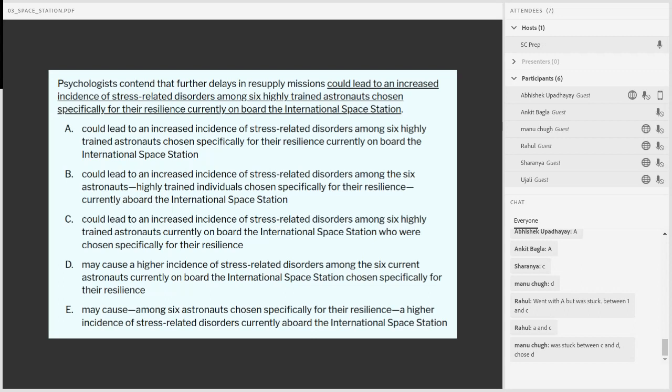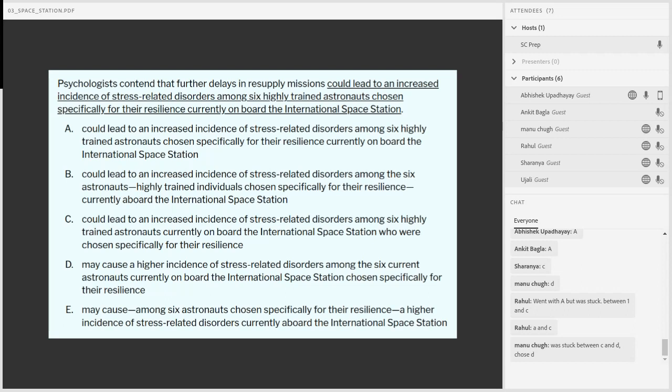All right. Any other volunteers? Any other entry points? Yeah, go ahead, Abhishek. Sir, I can eliminate option C because the relative clause "who is" relates to astronauts, but it is far away. Okay.